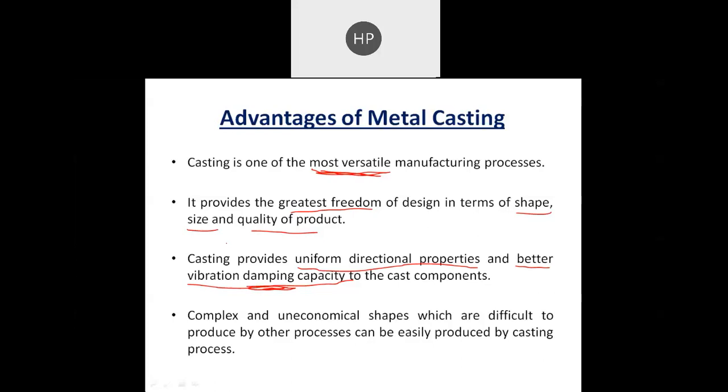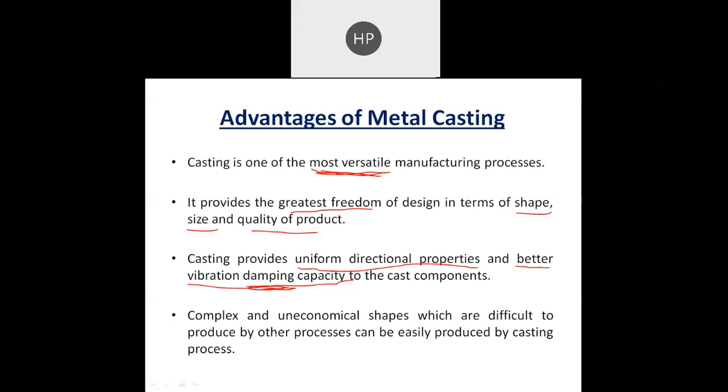Why? Because casting has this particular property: it has vibration damping capacity. So during the machining operation, whatever vibration is generated is damped by this cast base. It is one of the very important properties that a cast product has.